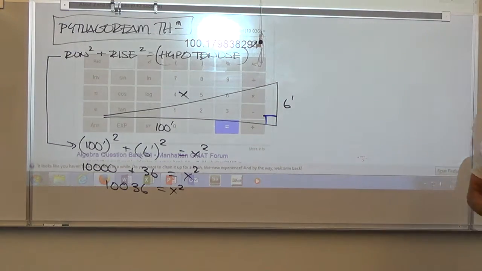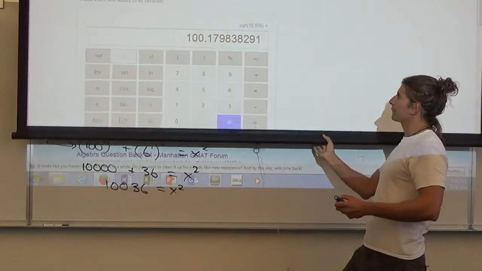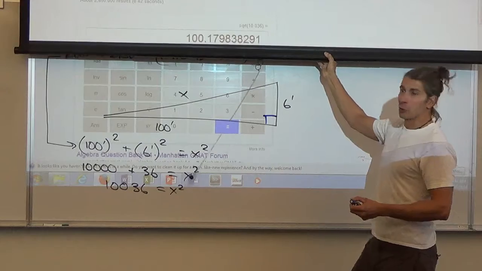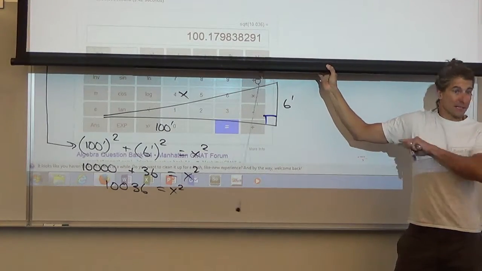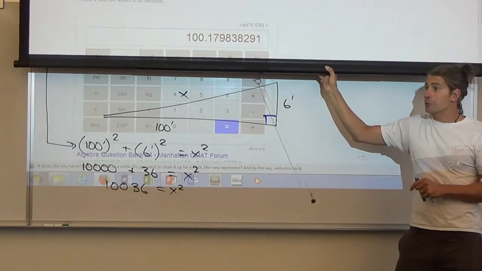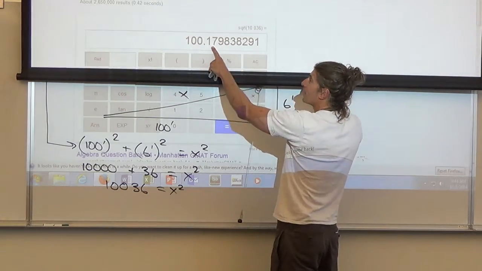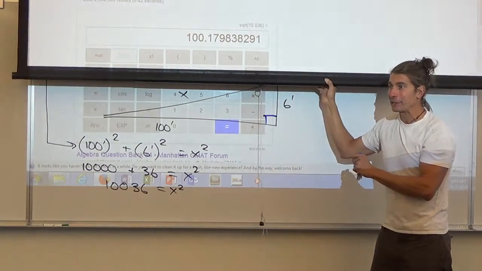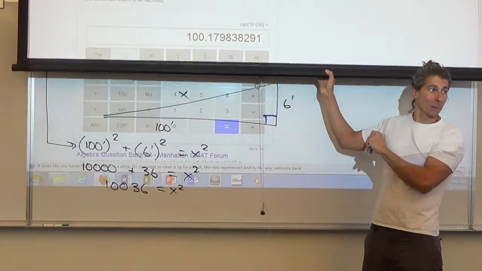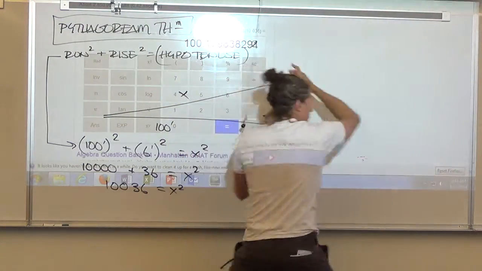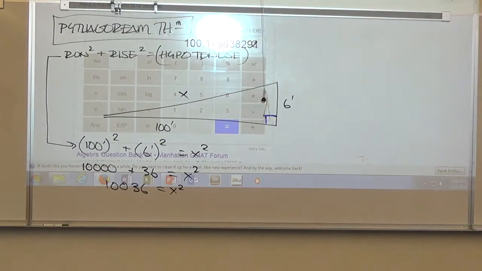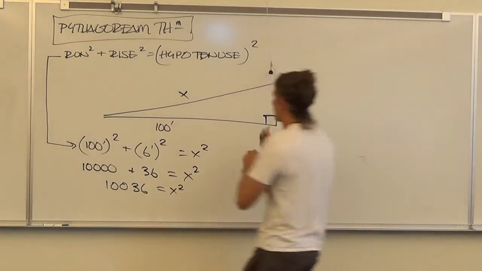That would be the hypotenuse. So it just solved the equation for you. If you can set the equation up, it'll give you the numerical solution. And the numerical solution is 100.18 feet. So we now know what the hypotenuse is, don't we?